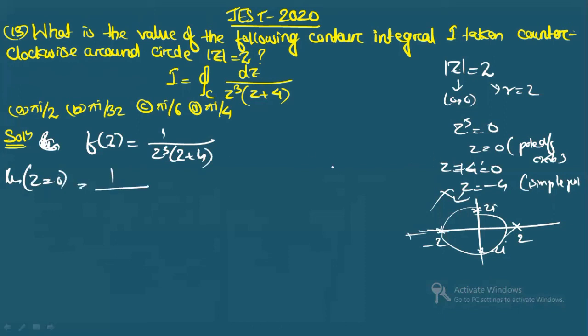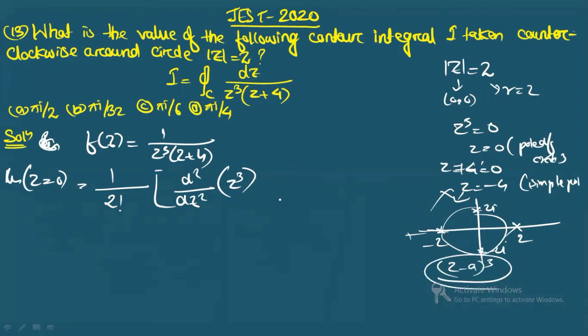So for a pole of order 3, you will have 1 by (3 minus 1) factorial, so factorial 2, d square by dz square of (z minus 0) to the power n, that is z cube, times the function, which is 1 by z cube (z plus 4), at z equals 0.